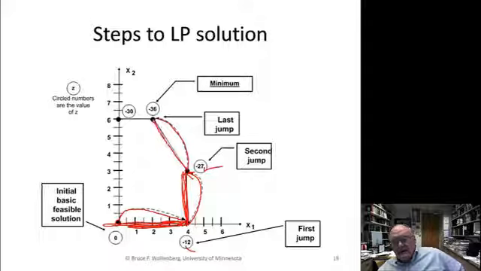This is always true of LP until you get to the top here, and that's the minimum down here. So that's the solution. So it finds the solution, and the process that we're using here to go from this to this to this to this is that pivoting. So you pivot once, then you pivot again, then you pivot again, and you get to the minimum solution.